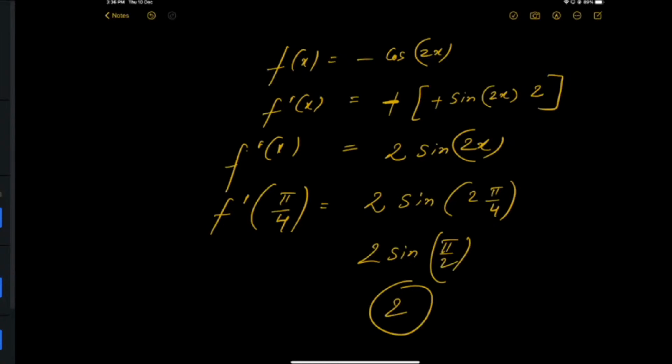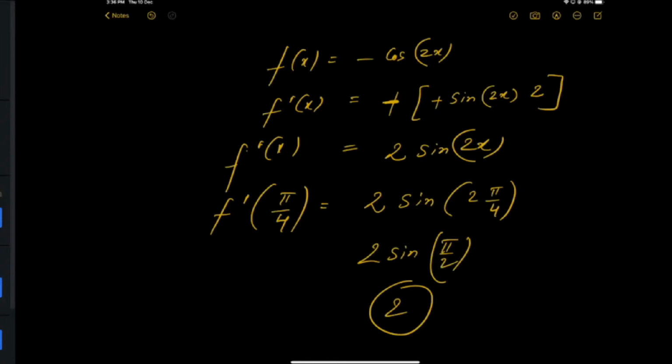Now in physics, you can apply derivatives to find various physical quantities. For example, the derivative of displacement is velocity, and the derivative of the velocity function gives you the acceleration function.